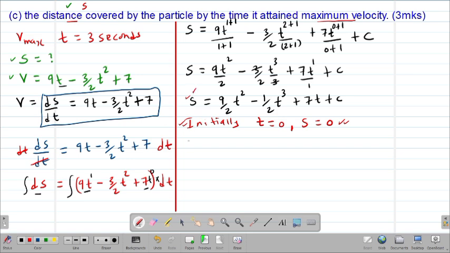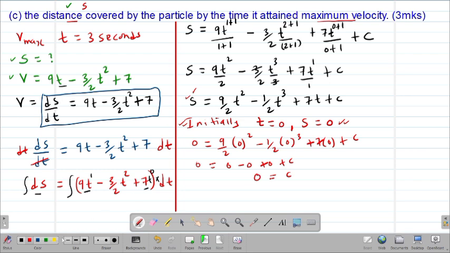Therefore, if I substitute here, I'll have s, which is equal to 0, being equal to 9/2 into t is 0 squared, then minus a half into 0 cubed, then plus 7 into 0, then plus c. Therefore, 0 is equal to 0 minus 0 plus 0 plus c. So clearly, the value of c will be equal to 0.